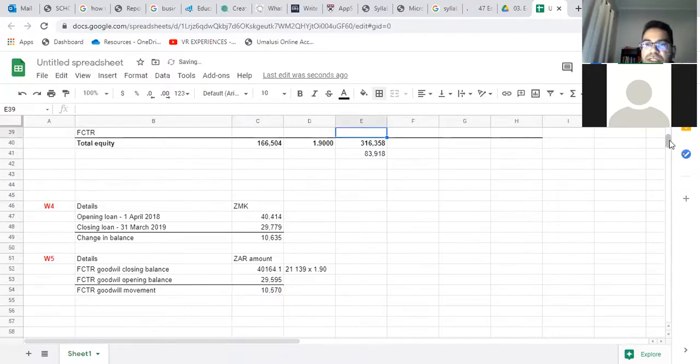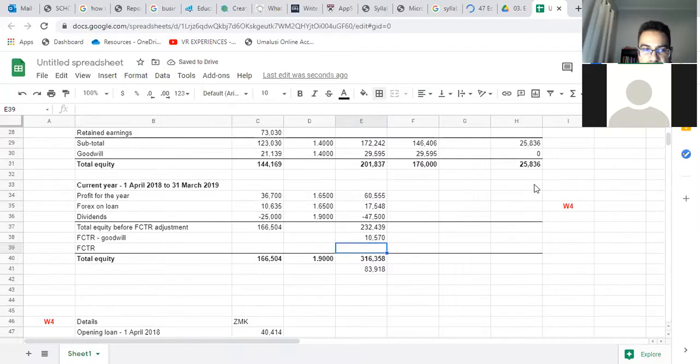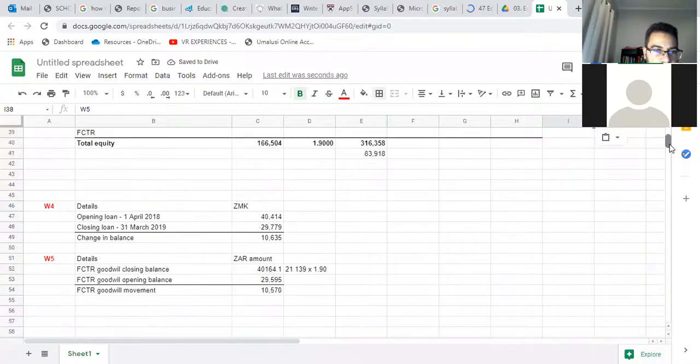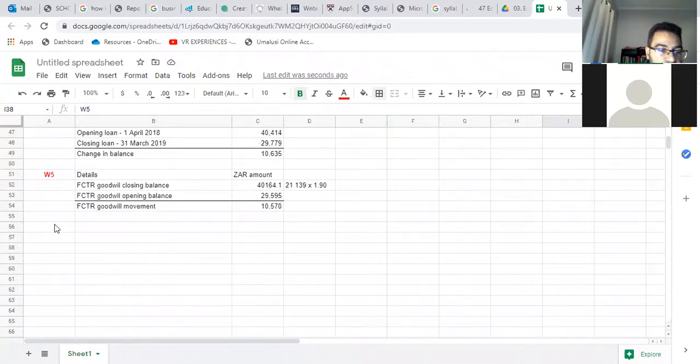Then for working 6, it's simply going to be the following. Once again, you don't have to do this working. You can just do it above. I'm just showing you how we deal with it. So we're going to say total equity.